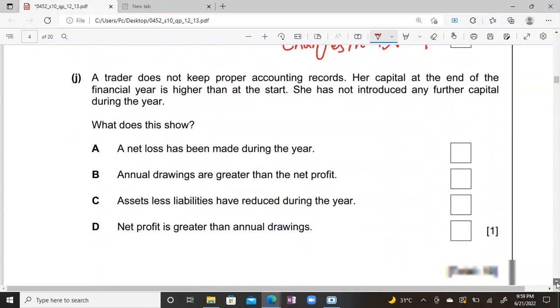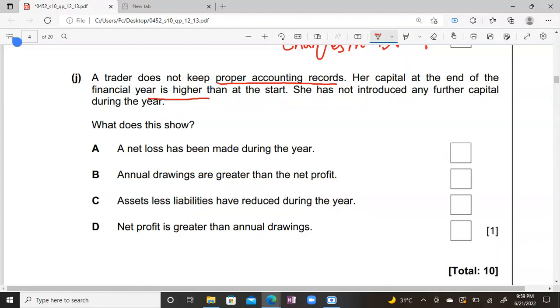And the last one: a trader doesn't keep proper accounting records. So a question from the incomplete records, single entry system. Her capital at the end of the financial year is higher than at the start, and she has not introduced any further capital.